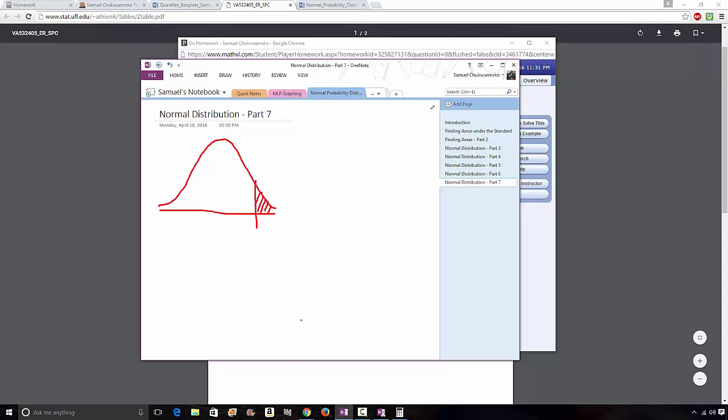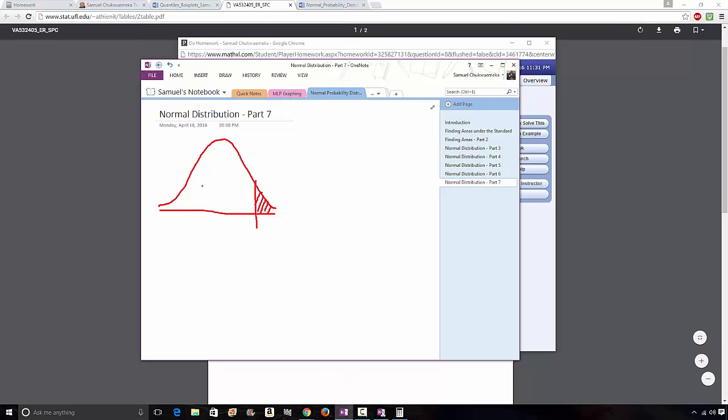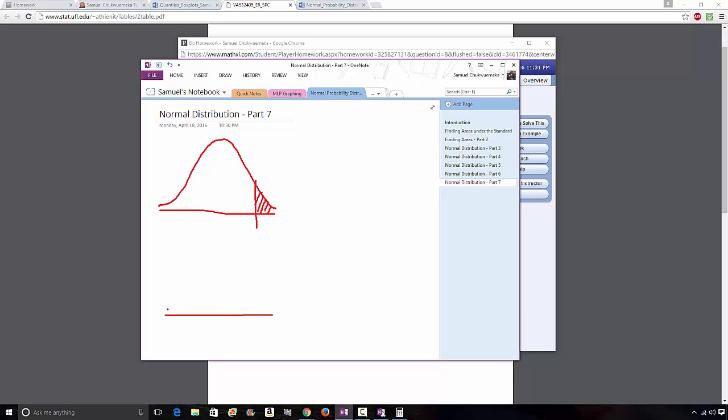First, we can find the one that corresponds to the left.